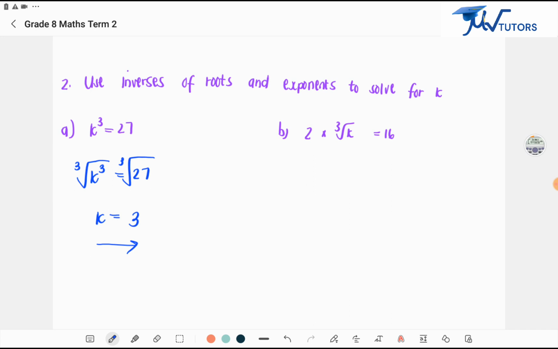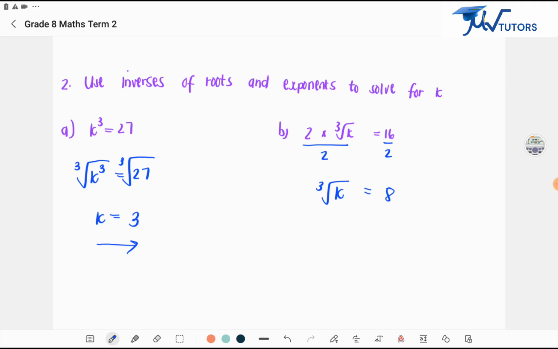Now over here, what do we do? So we have 2 times the cube root of k. We have multiplication. In order to get rid of the multiplication, we divide on both sides. So now I'm going to be left with the cube root of k, and 16 divided by 2 is 8.